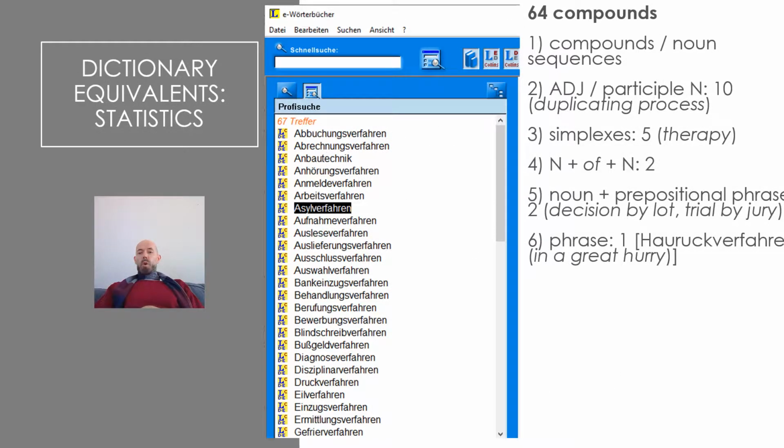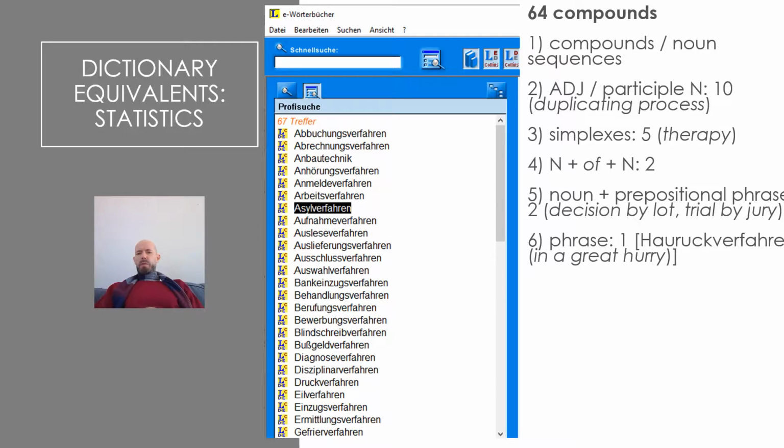So now we know all about these potential equivalences, but how do we decide which one to choose in a concrete case, in a particular case? Well, I've done a bit of number crunching here using nouns ending in Verfahren as an example and taking them from the Collins English-German dictionary. And what we find confirms what I've already said.